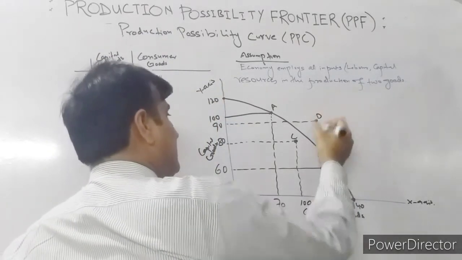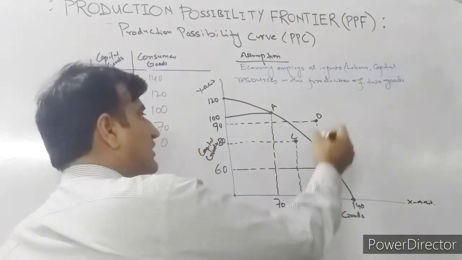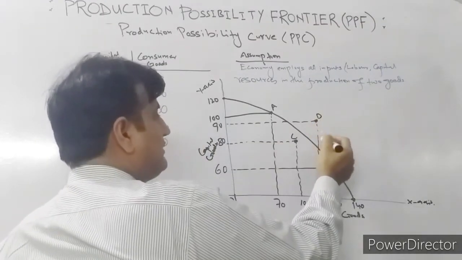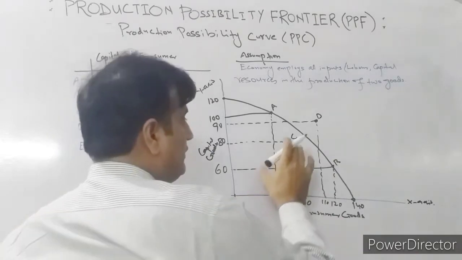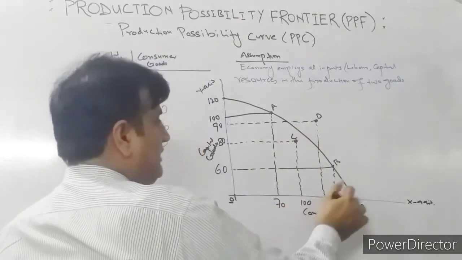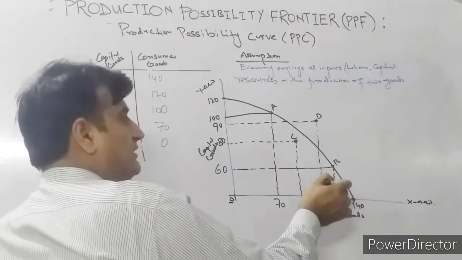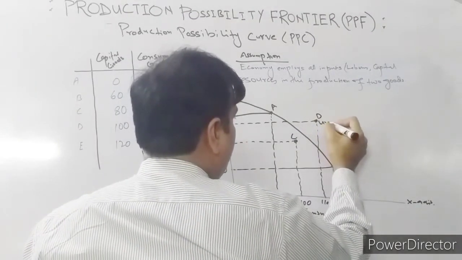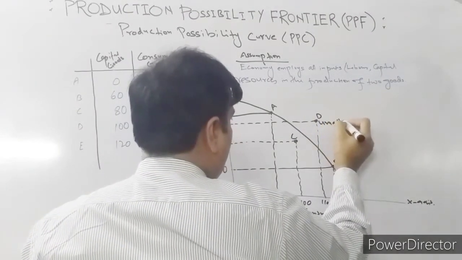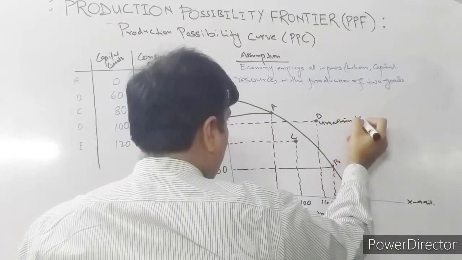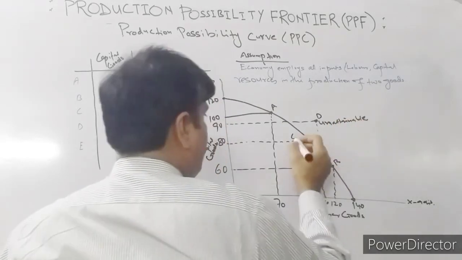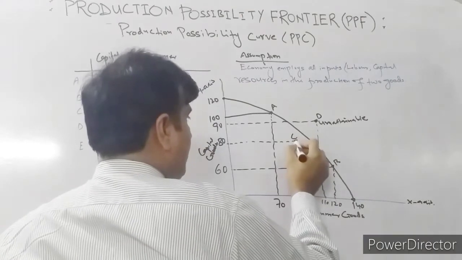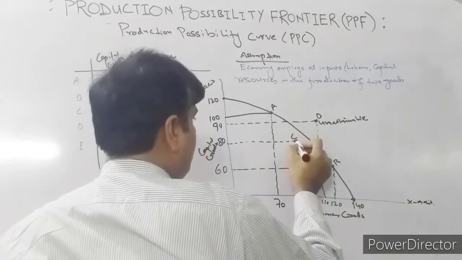This point is unattainable because the economy cannot reach this point, because all resources have been used by the economy within this PPF. So this point is called unattainable. And this point is showing inefficiency of an economy.